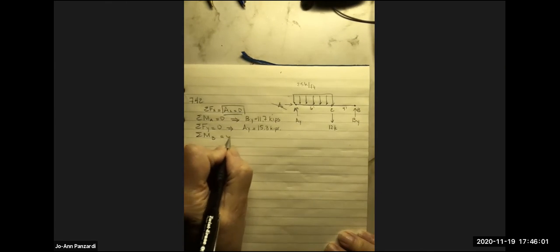Let's do it about B, and it's going to check out because I already checked it. So AY I know is 15.3 kips and BY is 11.7 kips. The only reason I'm not doing the whole equilibrium equations is you know how to do it already, and let's spend more time on the shear and bending moment diagrams.